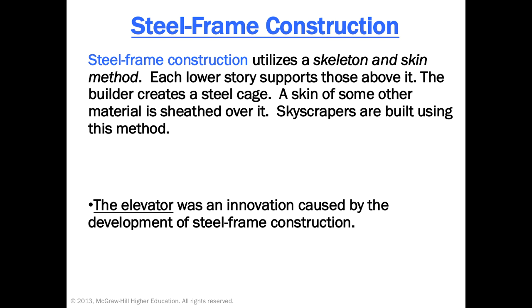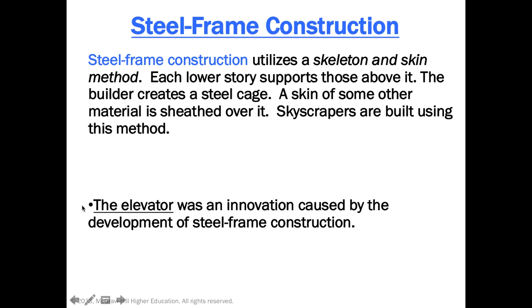Okay, steel frame construction. Steel gets a little more sophisticated than iron, and it also uses skeleton skin. Steel frame is strong. Steel is stronger than iron, and it's lighter, so we can go higher. This is how the skyscrapers were invented.